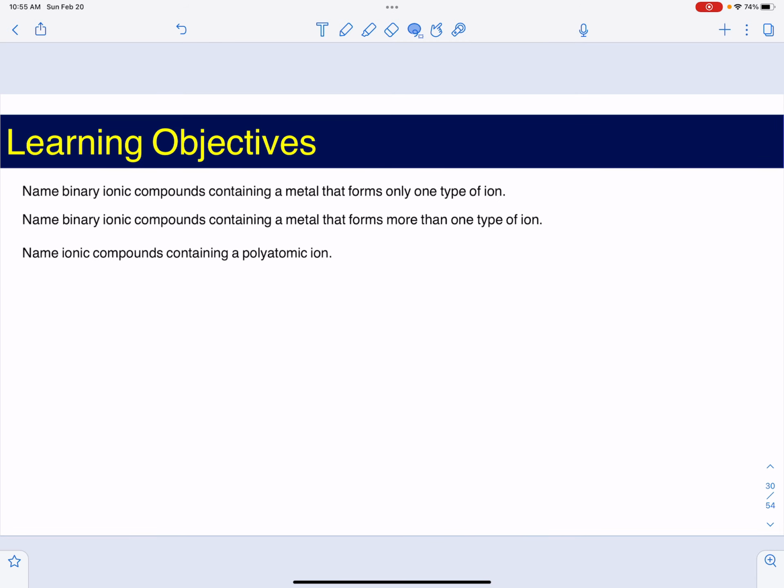So the objective then: we're going to be naming ionic compounds. That's all we're doing in this part. We're going to learn how to name them when the metal has only one type of ion, and when the metal has more than one type of ion, which is basically transition metals.